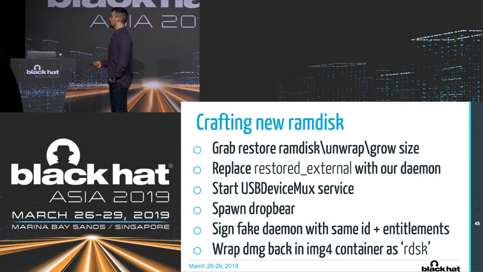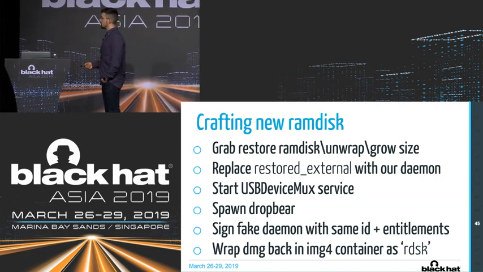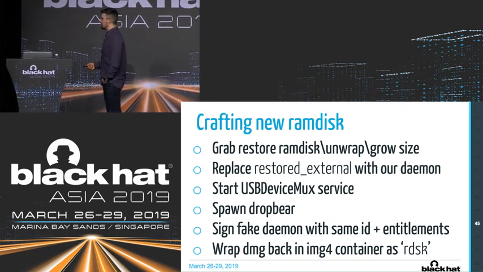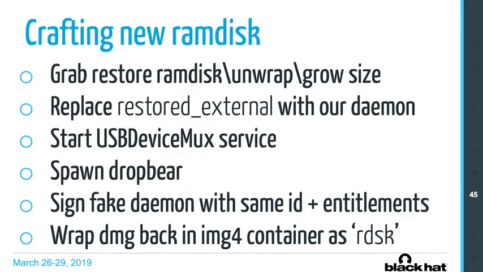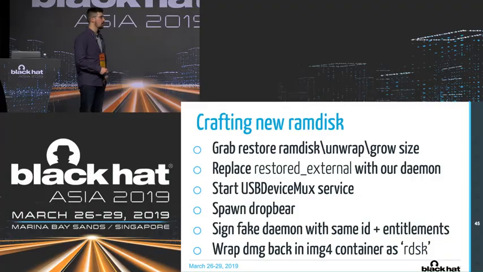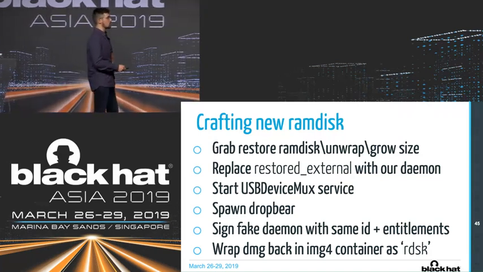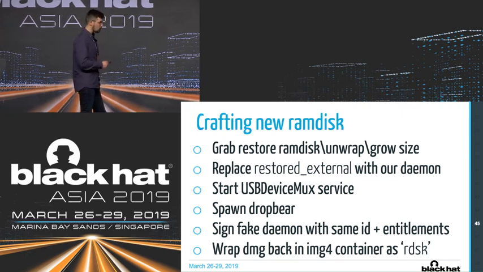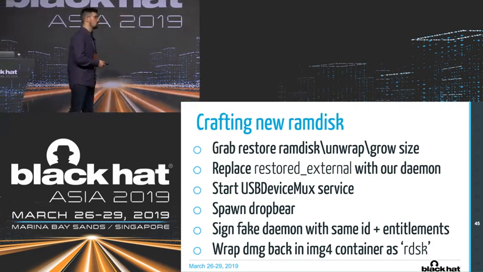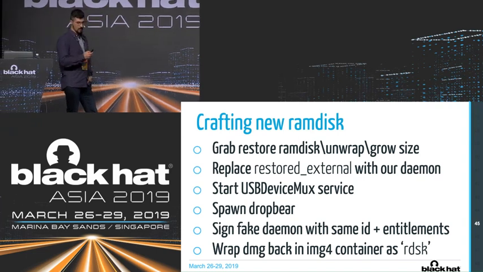The tricky part here is that we need to sign our fake daemon with the same application IDs, because there's one of the mitigations from iOS 10. launchd now gets a hard-coded list of the IDs that can execute, and if our ID is not one of them, it will be prevented. As well, we need to provide the entitlements that get access to the USB device MOOC service. Finally, wrap everything back and sign it as a RAM disk container.